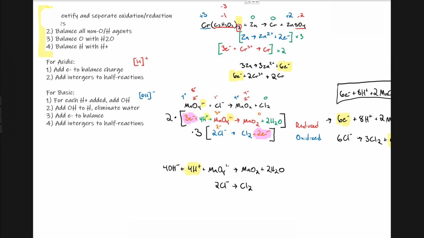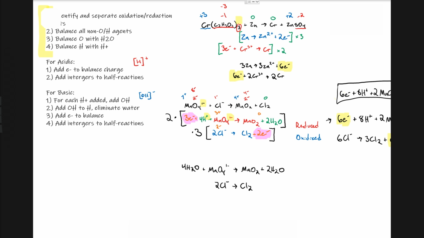See? And then we eliminate water. So if we have 4 OH and 4 H positive, that really works out to 4 H2O. Make sense? So let's erase that and make it 4 H2O.